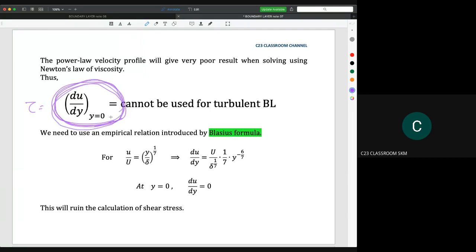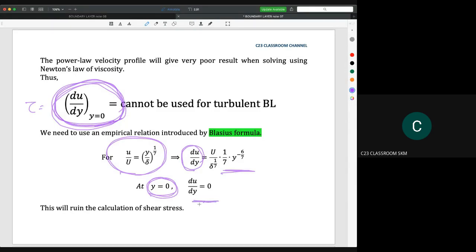The idea is simple. If we substitute the value, let's say we use u over U equal to (y over delta) to the power of 1 over 7, and differentiate it with du/dy, we could get the terms here. But if we substitute the value of y equal to 0, the value of du/dy is equal to 0.